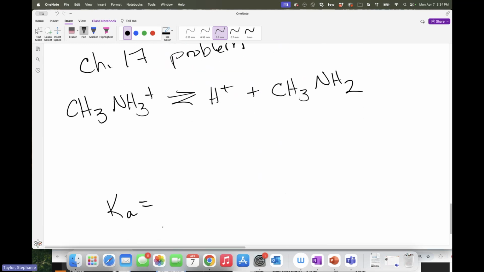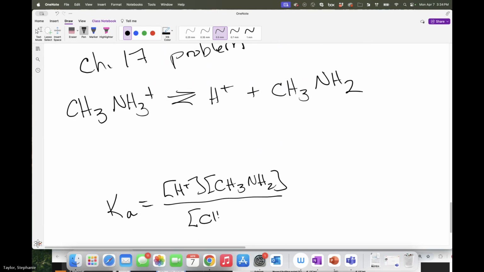So I need a Ka value for starters, but also Ka expressions are all in concentration. I'm using those brackets again. If I'm going to use Ka, I'm using molarity. I don't have molarity right now, so I've got to fix that too.